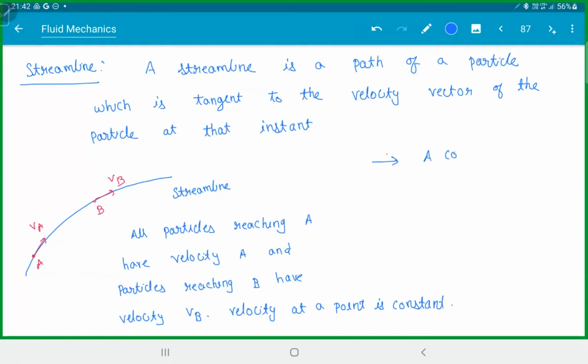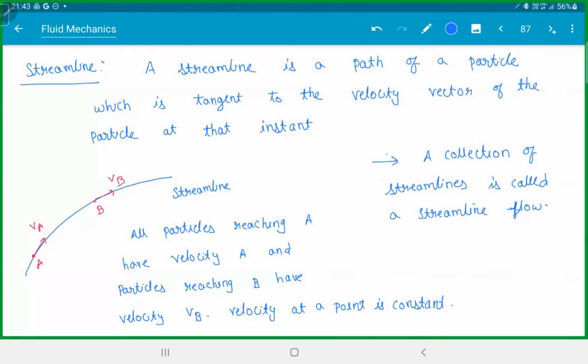A collection of streamlines is called a streamline flow. Clear?